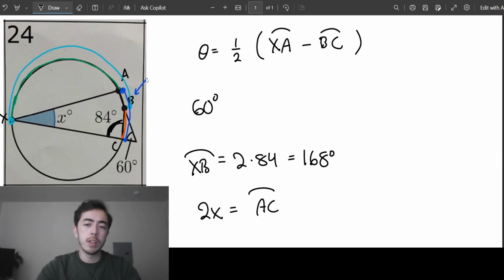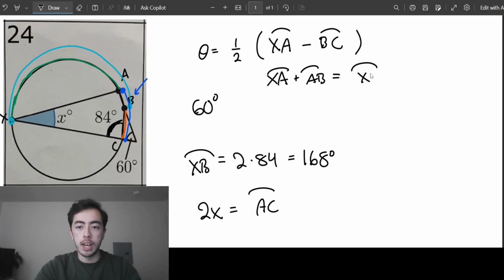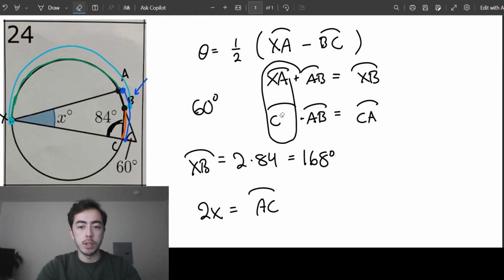If we tack on that little arc AB to arc XA, then we are going to get the whole thing of arc XB. And then if we do the same thing of tacking on arc AB onto arc CB, we get a longer one, arc CA. And the difference between XA, and I guess I should have called that BC to match what I wrote earlier, the difference between these two arcs is going to be the difference between these two ones.